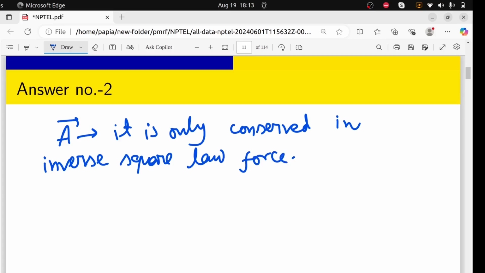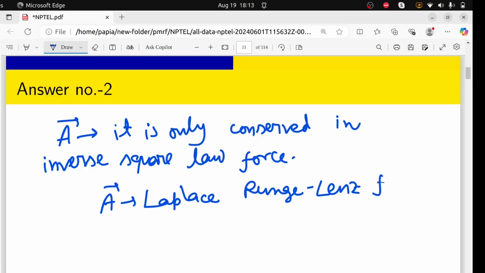Okay. And A is the Laplace-Runge-Lenz vector.